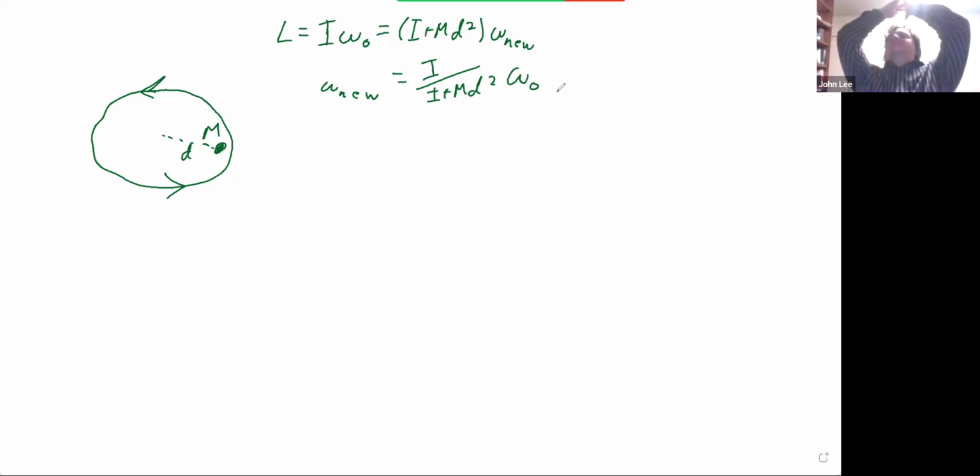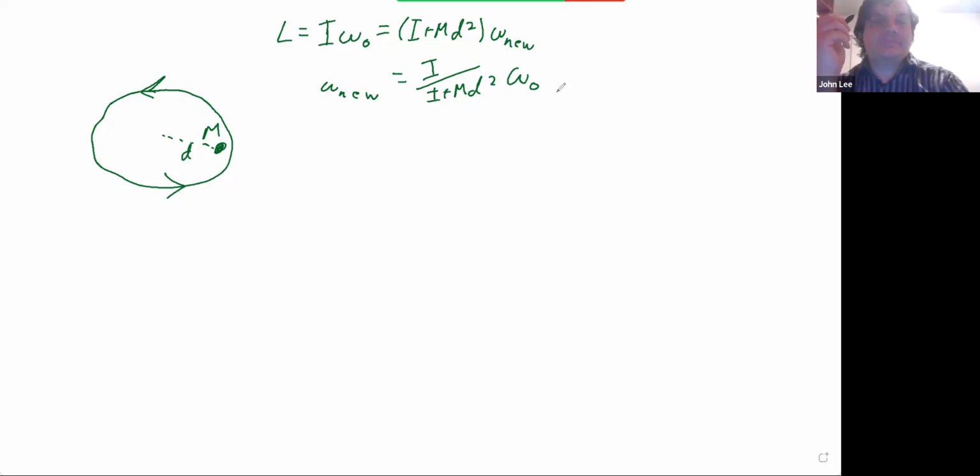So basically what you're doing is, by adding more mass at some distance away from the axis of rotation, you're changing, not the angular momentum, the angular momentum stays constant. That's the exact reason that we did this problem.